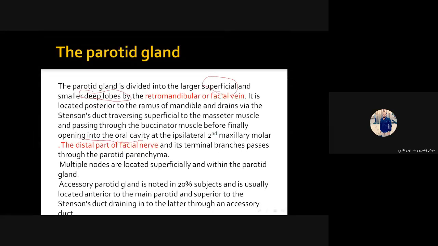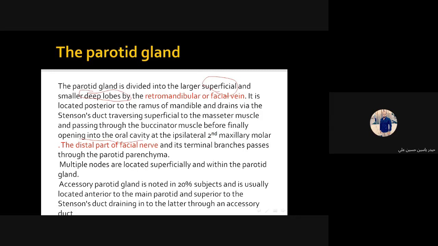Here we have to know that the distal part of the facial nerve, considered the terminal branches, passes through the parotid parenchyma. So we will see that the role of the facial nerve is very important in any parotid gland disorder.